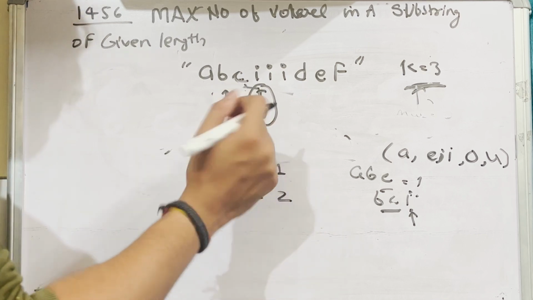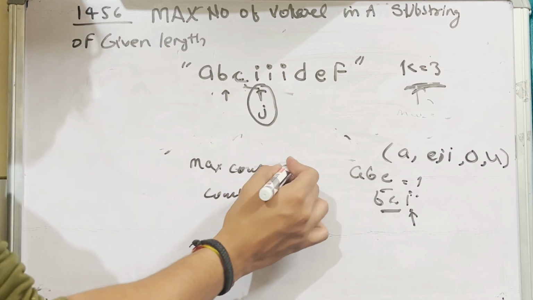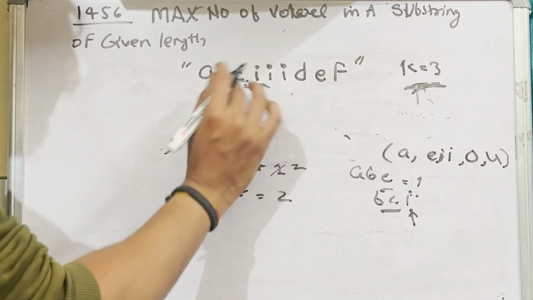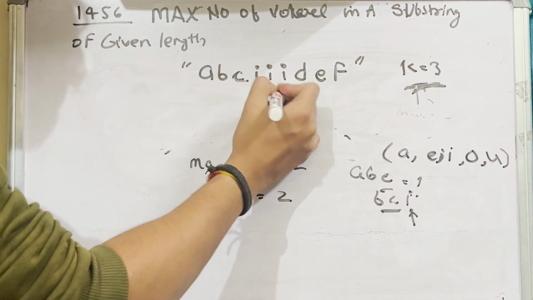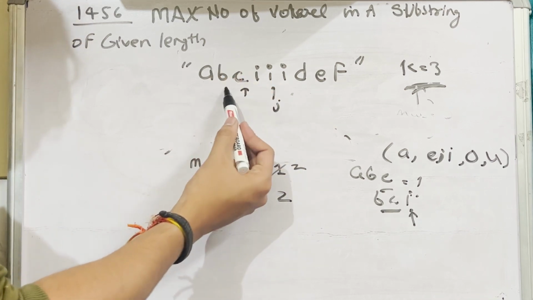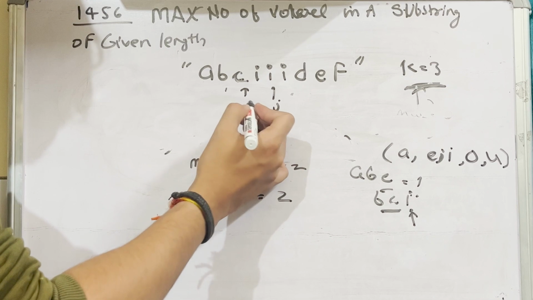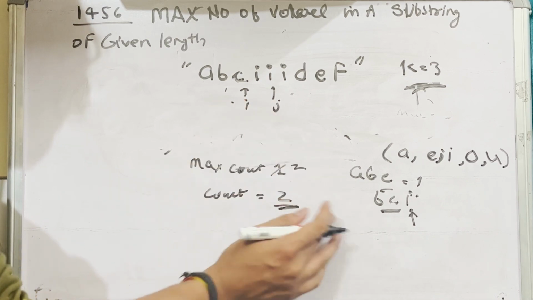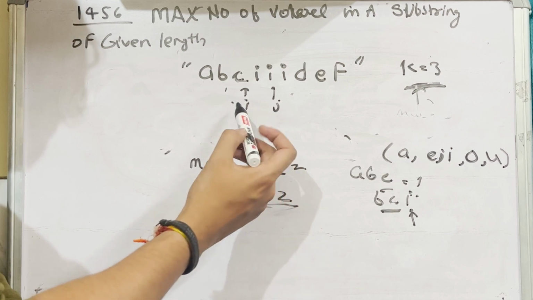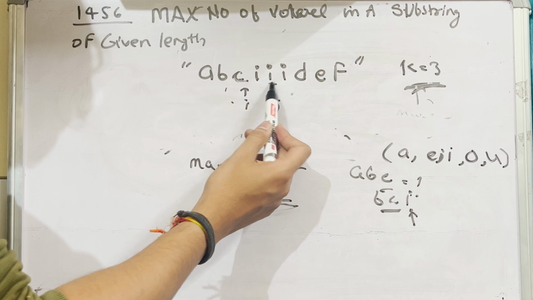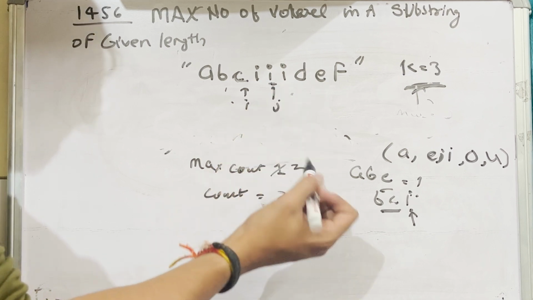Since your current count became 2, the maximum count will change to 2. Then j will move here, i will move here. Before moving, I will check if B is a vowel or not. It's not a vowel, so we won't decrease the count. We'll just move next and check if this is a vowel or not. If this is a vowel, we'll increase the count.